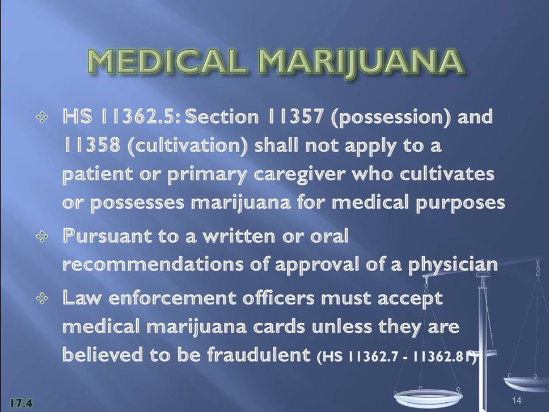So section 11357, possession, and 11358, cultivation, shall not apply to a patient or primary caregiver who cultivates or possesses marijuana for medical purposes, pursuant to a written or oral recommendation of approval of a physician, okay, which means you kind of need a prescription basically, and law enforcement officers must accept a medical marijuana card unless, of course, they believe it to be fraudulent.